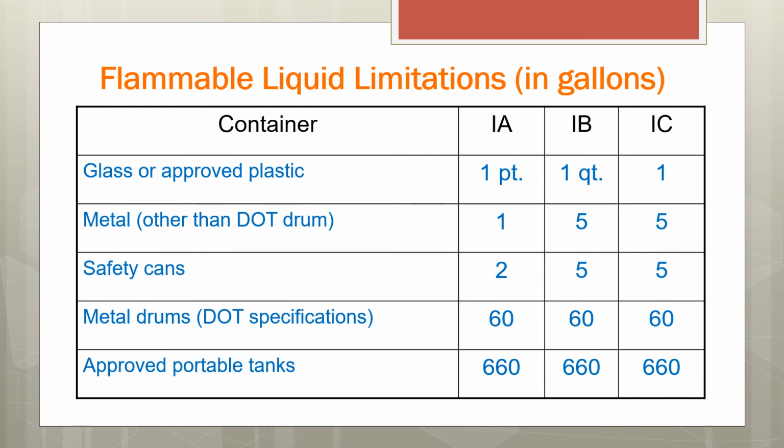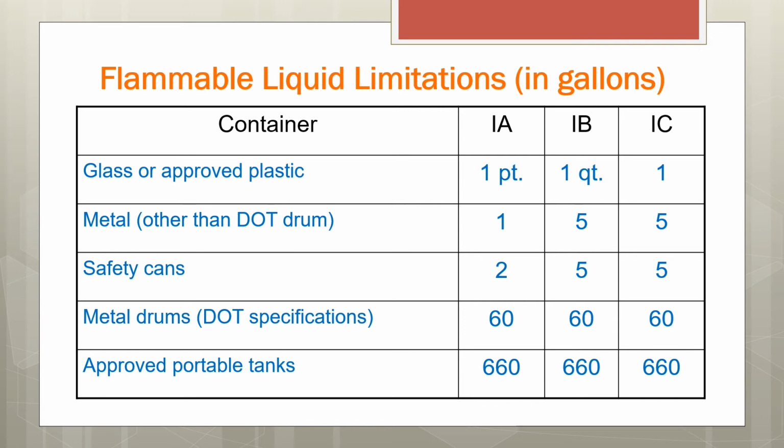So here I show you the flammable liquid limitations in gallons and the types of containers that we have. Keep in mind, use the tables that I presented at the beginning: flammable liquids classification, combustible liquids classification, and then you have the type of containers, the classification of the liquids, and the quantity limitations according to the type of container.